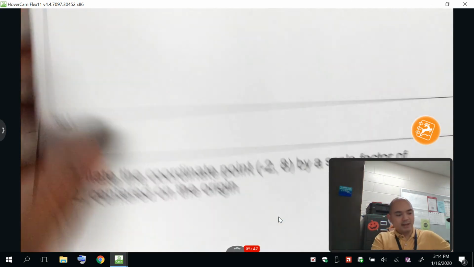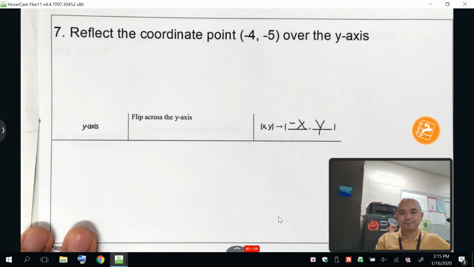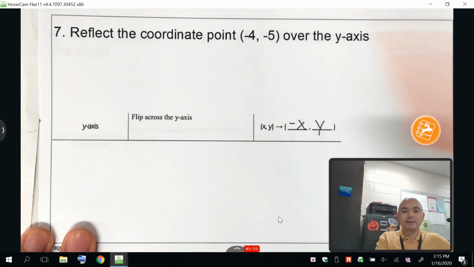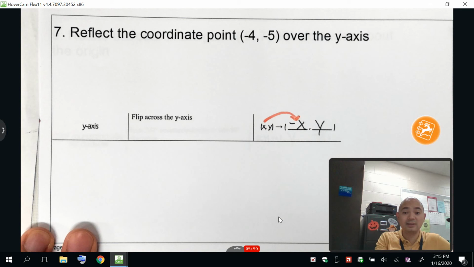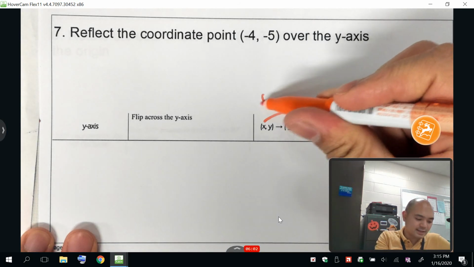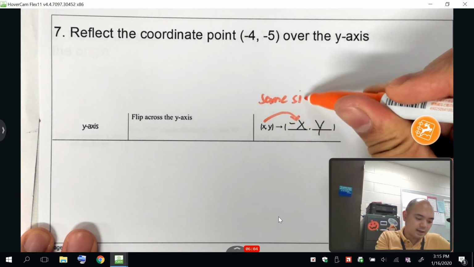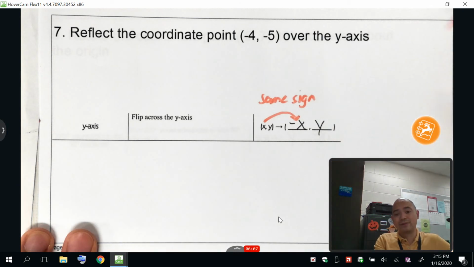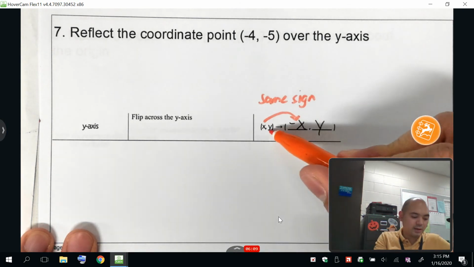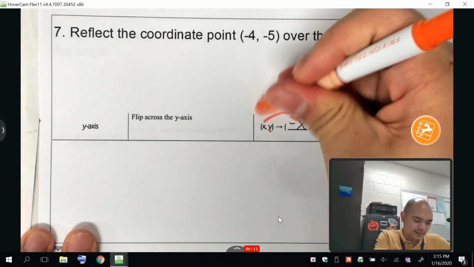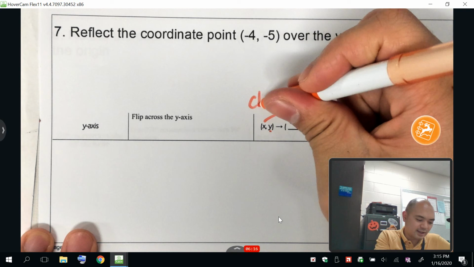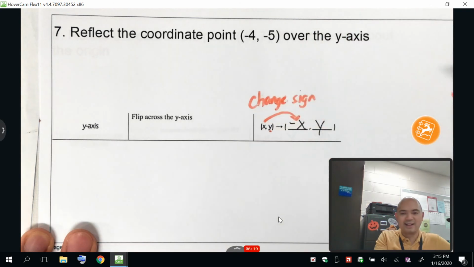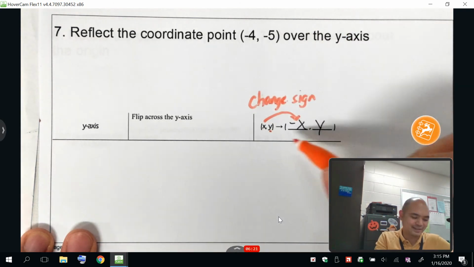Okay. Next up, number 7. Reflect the coordinate point (-4, -5) over the y-axis. The rule right here tells me that your x is still in the front, but now x is not the same sign, it's a different sign, so change sign, because you have an x and that's a negative x.